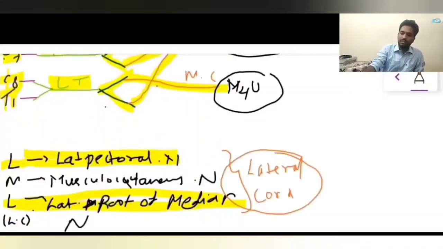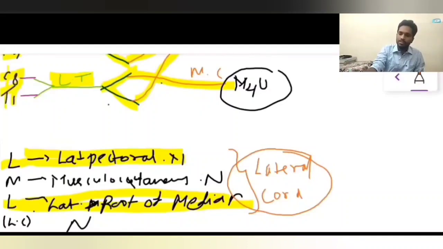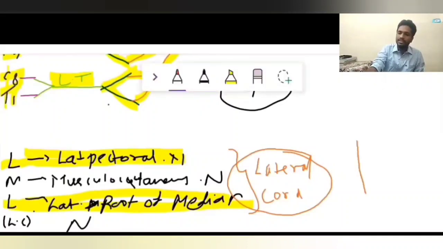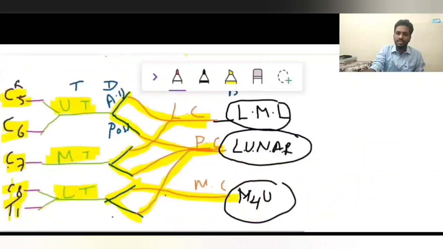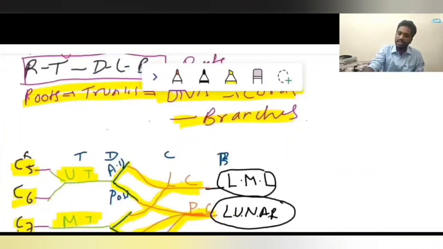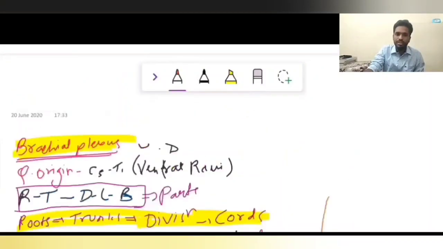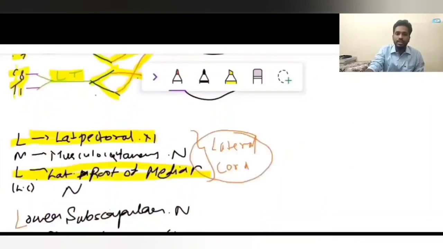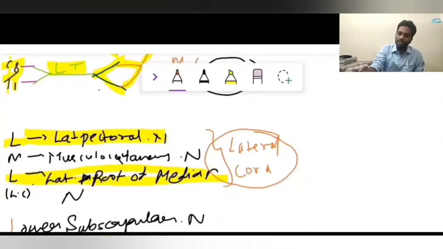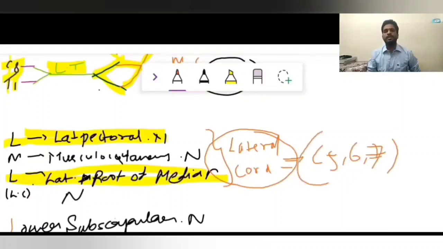So for the lateral cord, for all these three LML, the root value is C5, C6, C7. The most commonly asked nerve from this lateral cord is the musculocutaneous nerve.